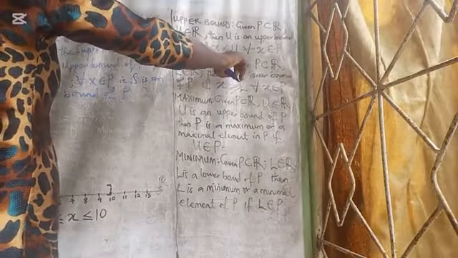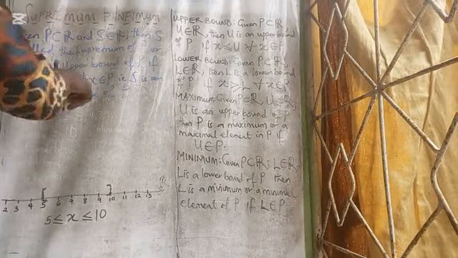If X is less than or equal to U for all X contained in P. Same thing happens here. So the first condition must be that S is an upper bound.